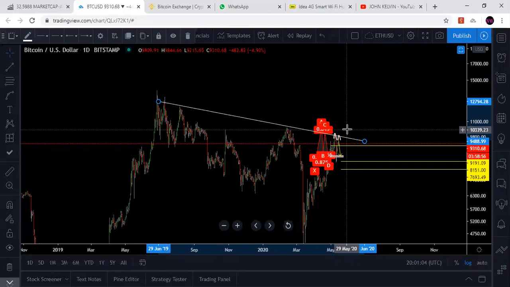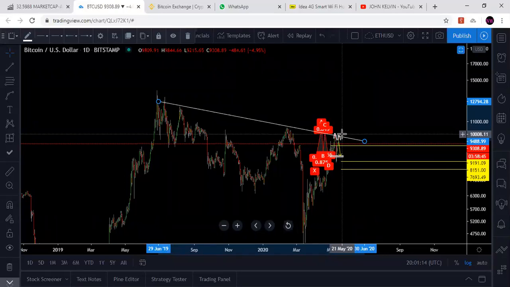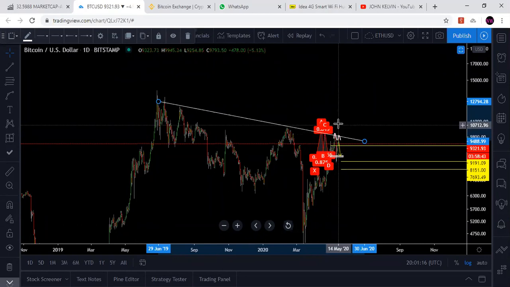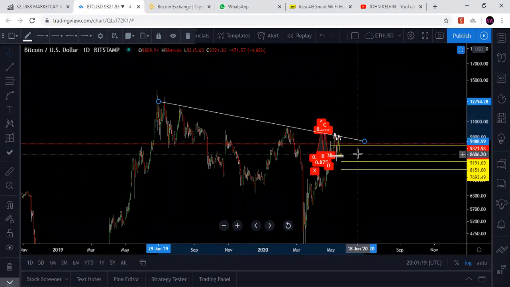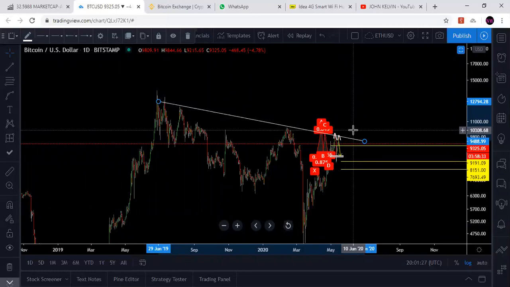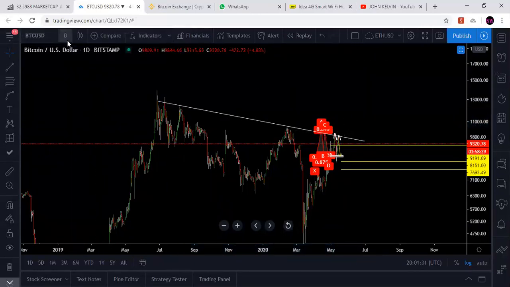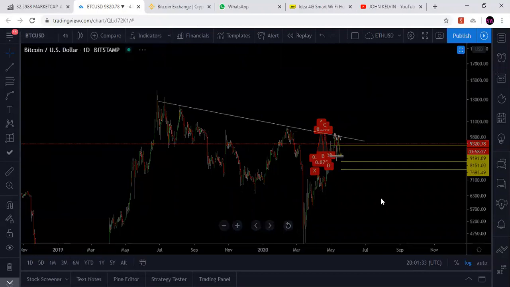If we don't get the body of the candlestick close above this, we're not going to get a new high here, and take note of that. We might get a rejection wick to the upside and a pullback down, but you have to wait for proper confirmation to the upside before you go in fully. So for now, we're going to get a little pullback.